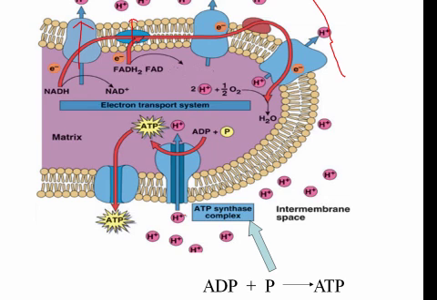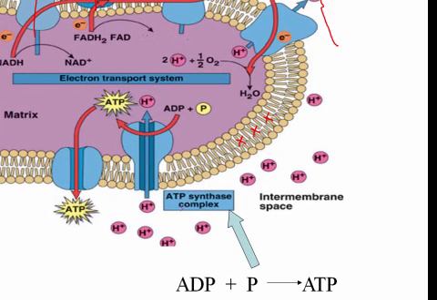However, they are charged, and recall, charged particles cannot diffuse through the lipid bilayer of the membrane. So the only way that these protons can diffuse down their concentration gradient is to pass through a molecule here in the bottom of the diagram that is called ATP synthase.